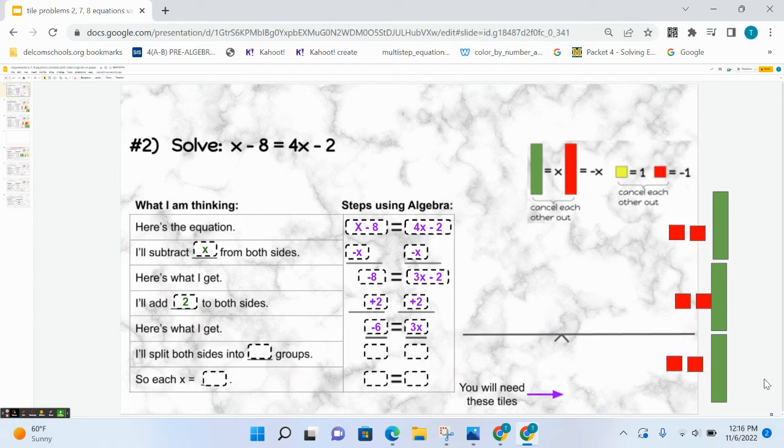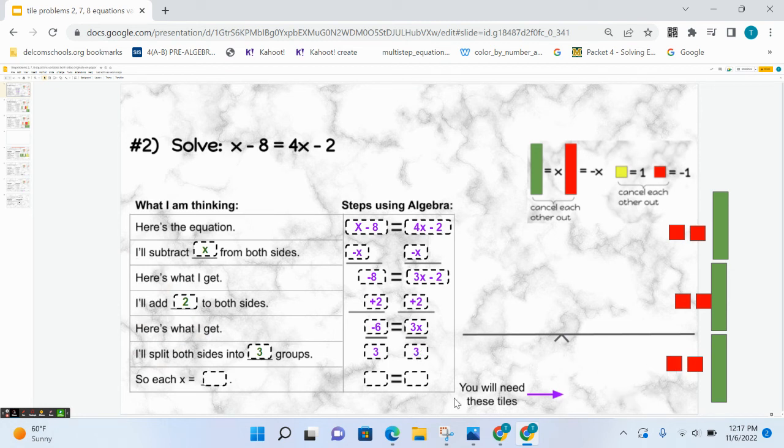Then I want to think about, what did I just do? I split both sides up into 3 groups. So I can show that on my equation by putting a 3 underneath my fraction bars, because that fraction bar means division. So I have divide by 3 on the left, divide by 3 on the right.